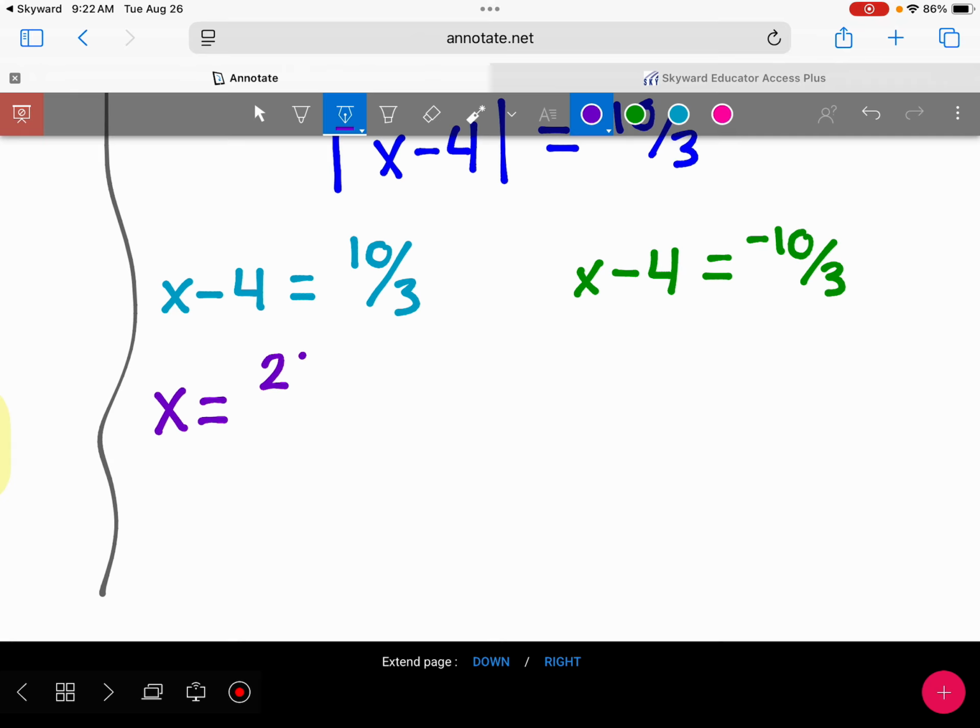Yep. 22 over 3. Because if we add 4 to both sides, that's the same thing as adding 12 thirds. 12 thirds plus 10 thirds is 22 thirds. What about for our green one over here? 2 thirds. Because again, we're adding that 12 thirds. Negative 10 thirds plus 12 thirds, we have a positive 2 thirds.